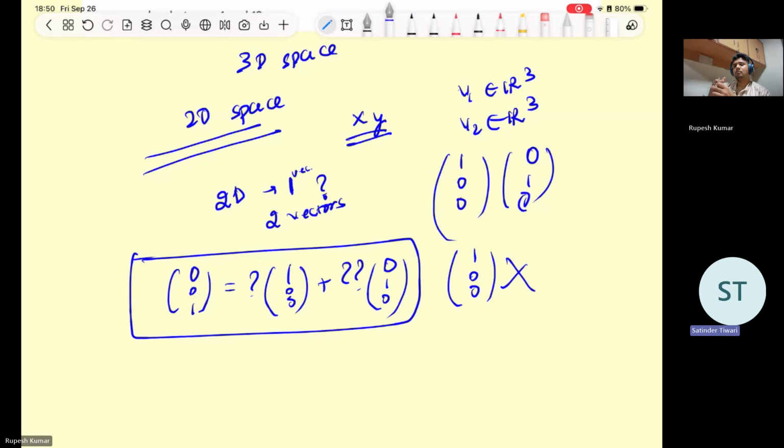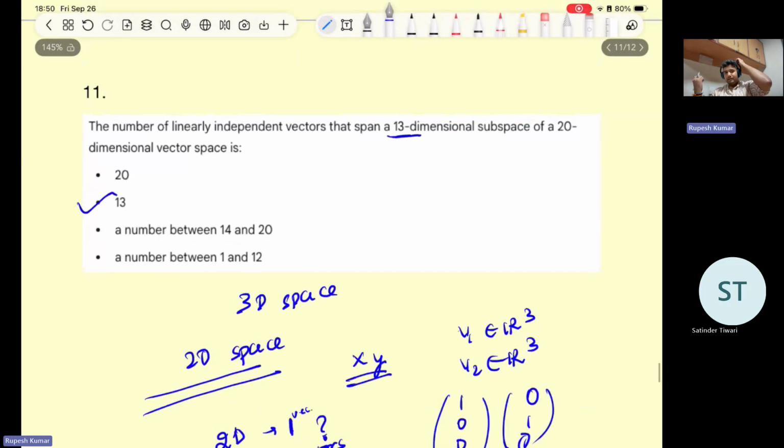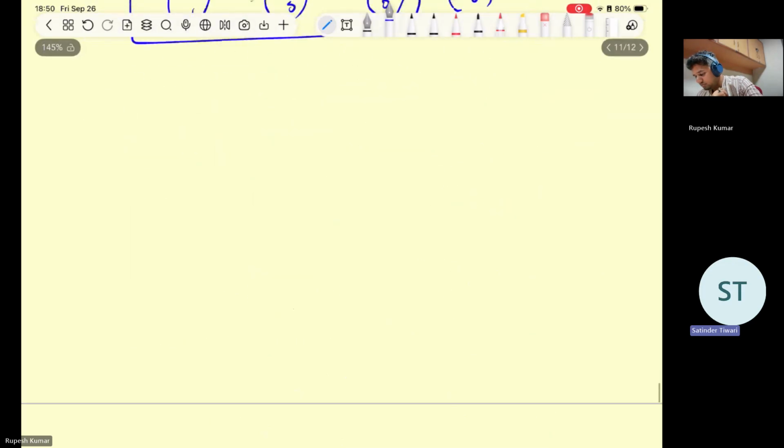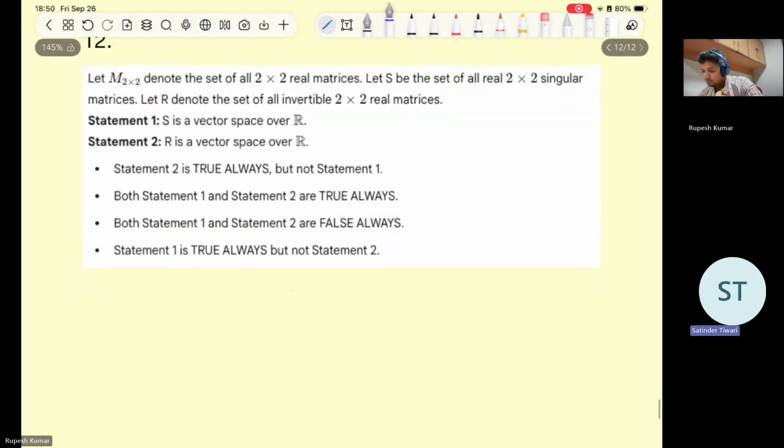So for 3D space, we want three linearly independent vectors. Yes, the definition of dimensionality is the number of linearly independent vectors required to span that space, right? Got it. Previously also we have done this topic. Thank you, sir.